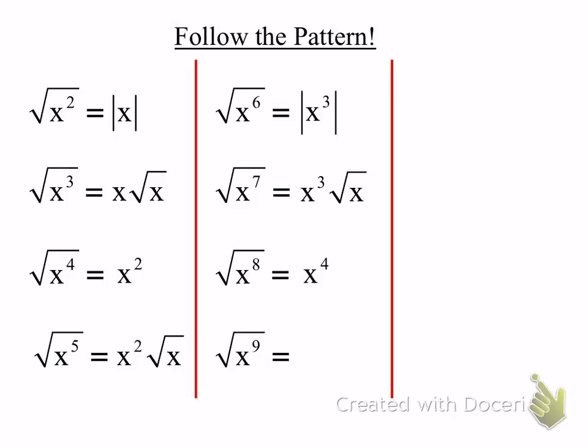The square root of x to the eighth is x to the fourth. And I'm left with one more. Yes. I don't know if this is something, but for every one of the odd exponents, the exponent outside of the radical is just increasing by 1.